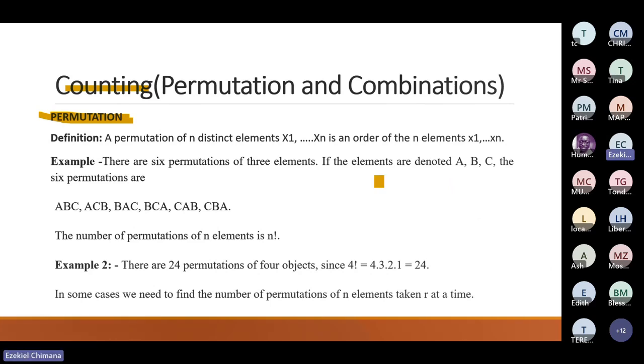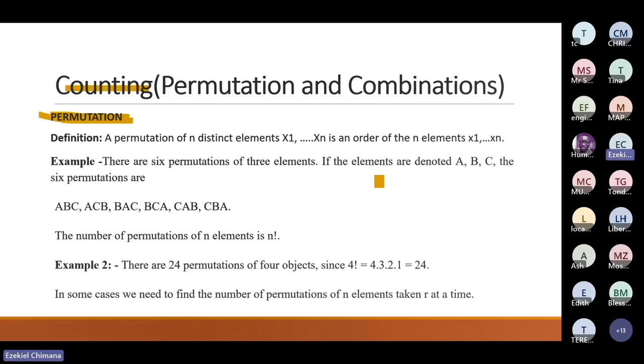By definition, a permutation of n distinct elements, which is x1 up to xn, is an order of the n elements. On permutation, we are looking at how we can order the elements from a given set.